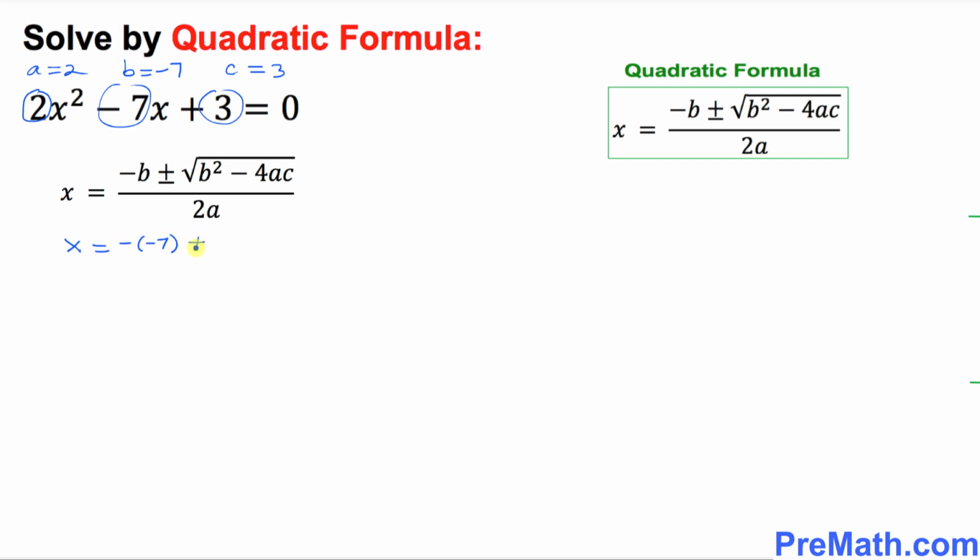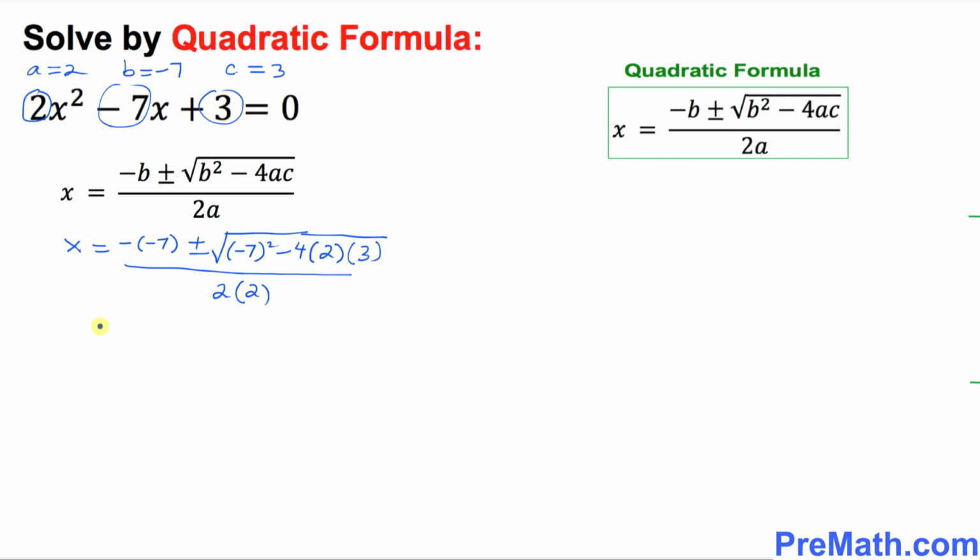We are just filling in the blanks: plus or minus the square root of b, which is negative 7 squared, minus 4 times a, which is 2, and c is 3, divided by 2 times a, which is 2.